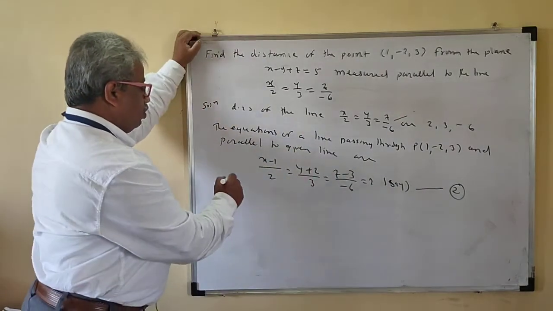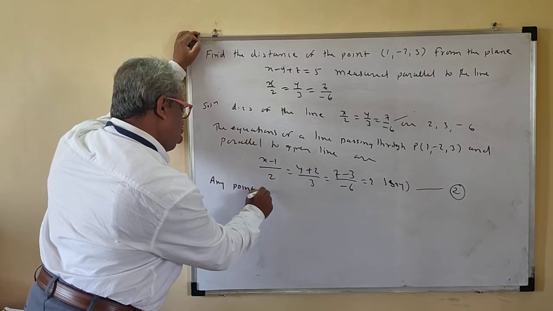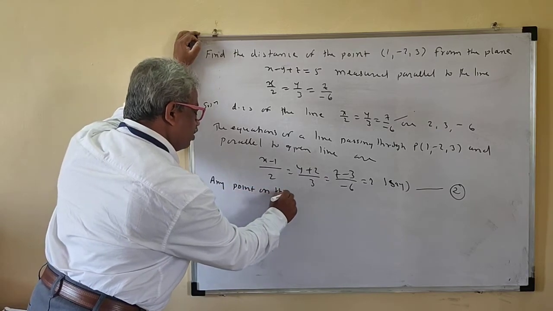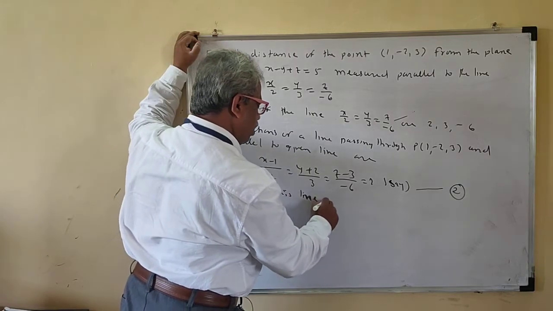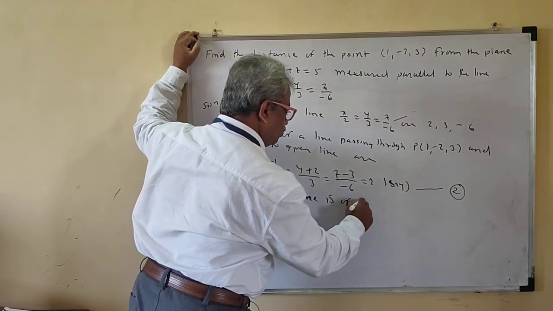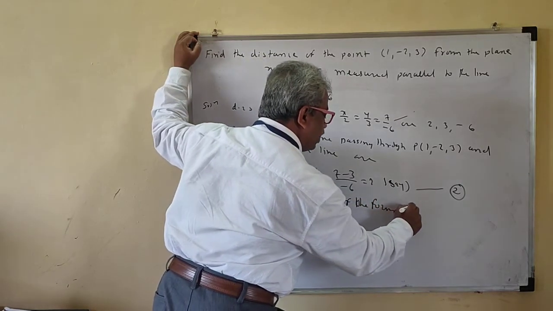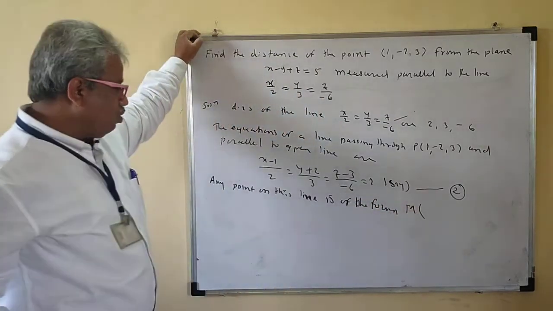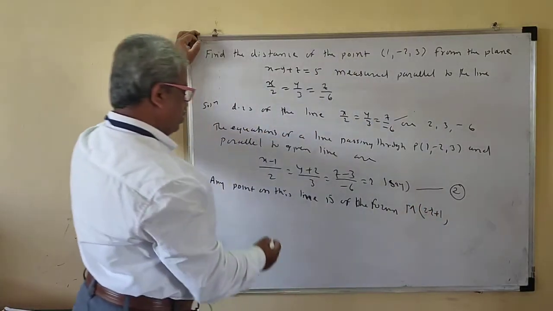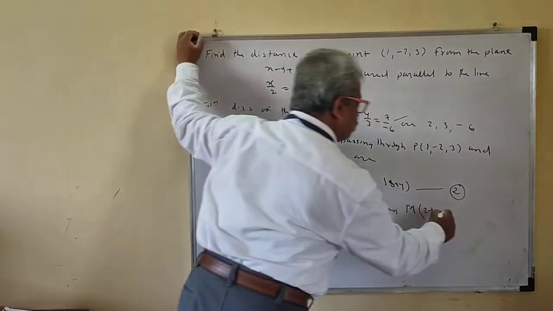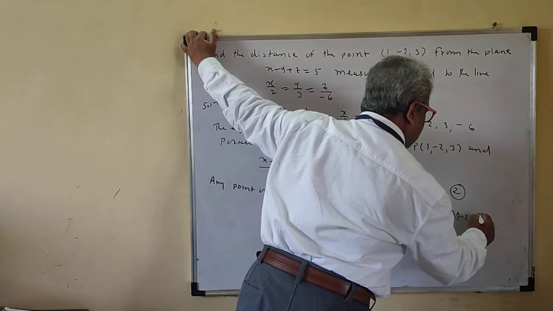Any point on this line is of the form, I will call it M: (2r plus 1, 3r minus 2, minus 6r plus 3).